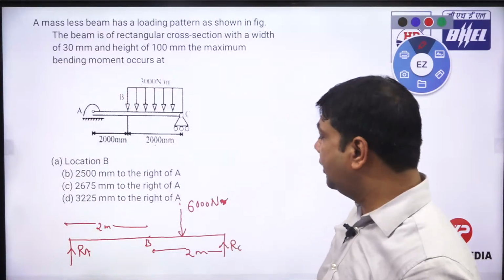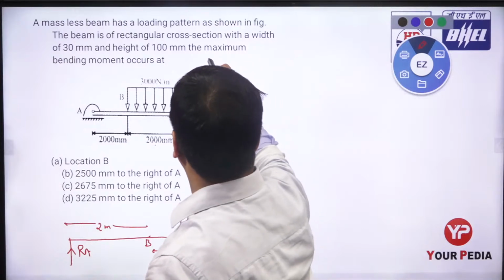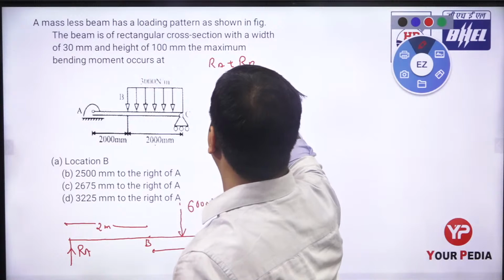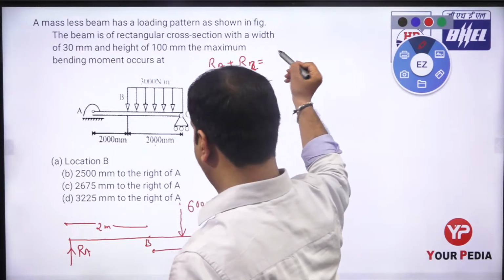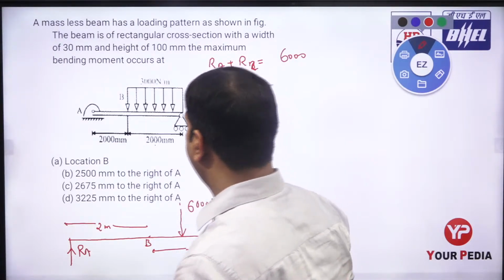Now we first have to find the reactions. So we know RA plus RC equals 6000 Newton.